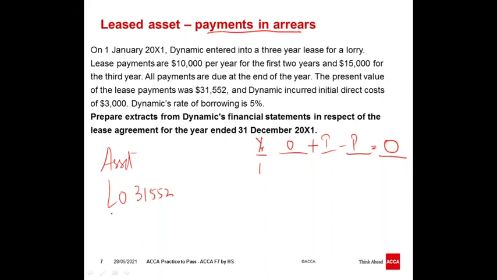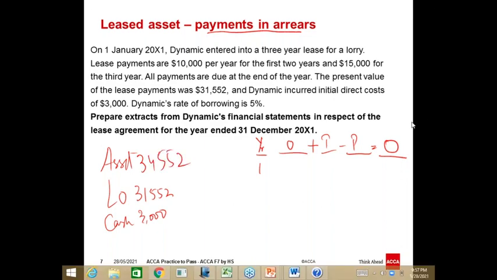So this will be paid in the form of cash, 3,000. So the total asset will be reported at 34,552.